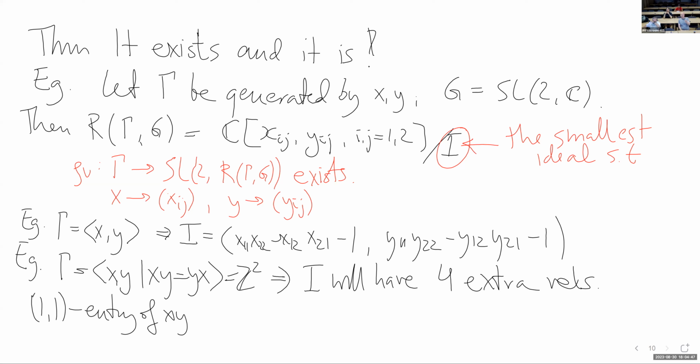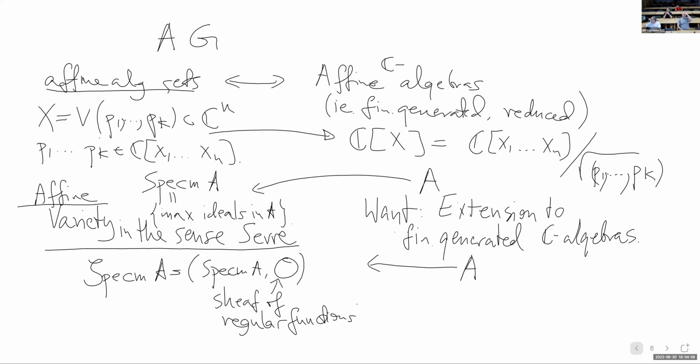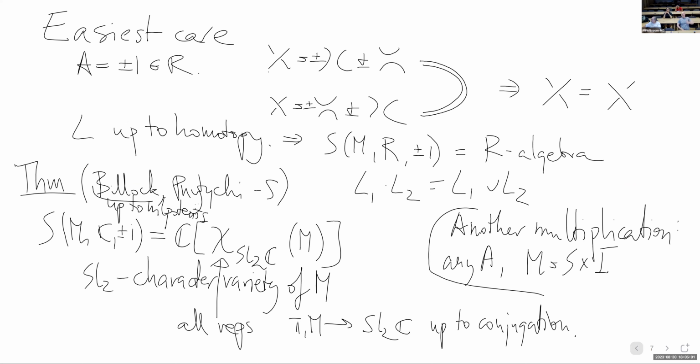Could you come back to these two products? One coming from the stacking, and another by taking the sum and taking the value of A equal to plus or minus one. So if you have these two multiplications. What do you mean, two multiplications? These are two different multiplications. So there are two reasons for this skein module to be an algebra.